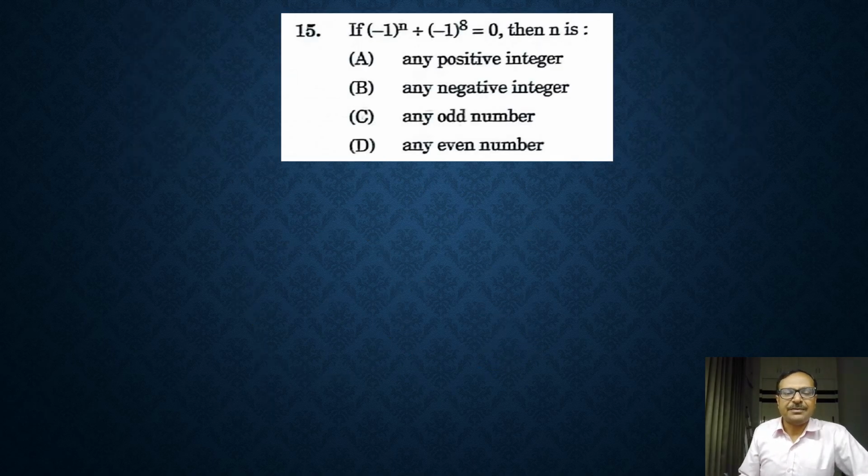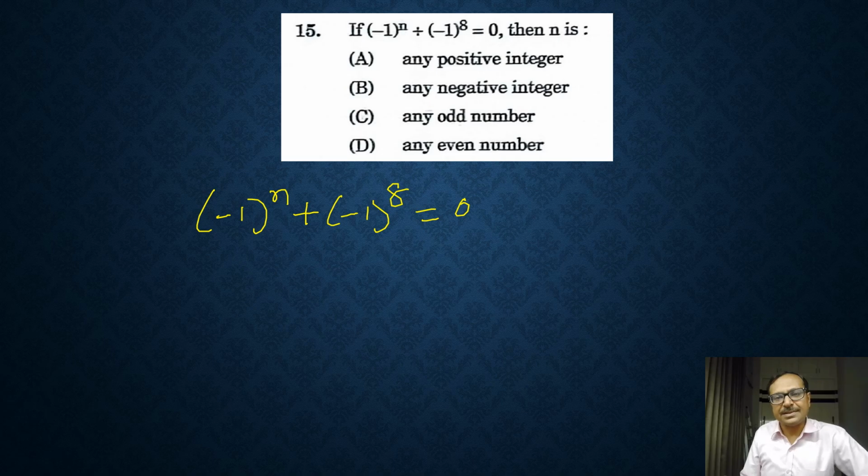Question number 15. Again, a tactical, understanding based question. Minus 1 power n plus minus 1 power 8 is 0. Minus 1 power n, I can't do anything with that because I don't know what n is. But minus 1 power 8, if minus 1 has an even power, it becomes 1.